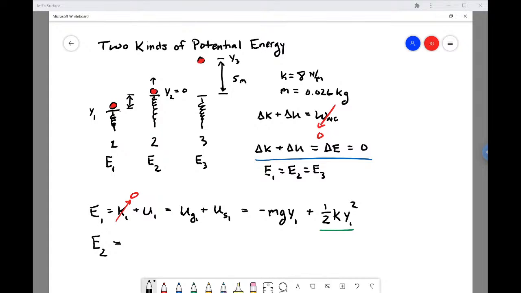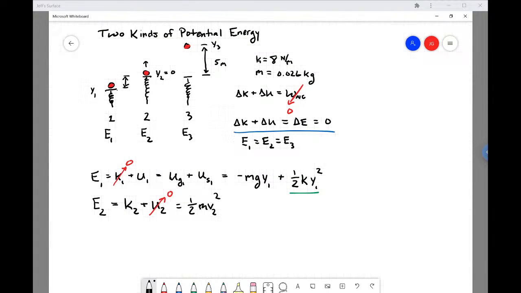So at moment 2, you can have kinetic and potential, and at moment 2, the potential energy is 0 because gravitationally you're at the point you called y equals 0, so you have no gravitational potential energy, and the spring is completely stretched, so there's no spring energy in the system. So all the energy is kinetic, and it would be equal to 1/2 m, the speed at that moment squared.